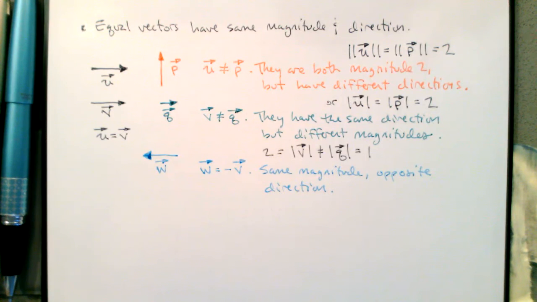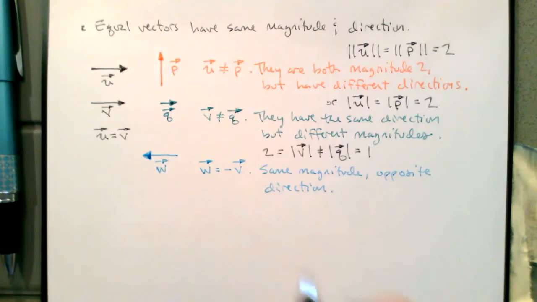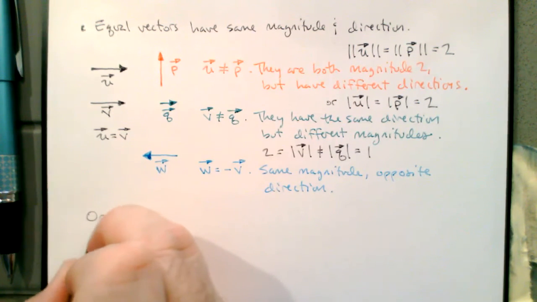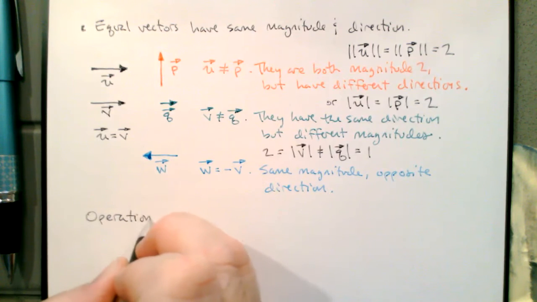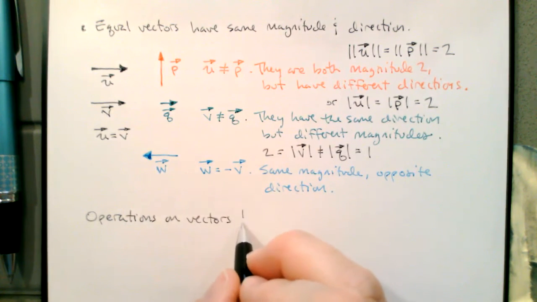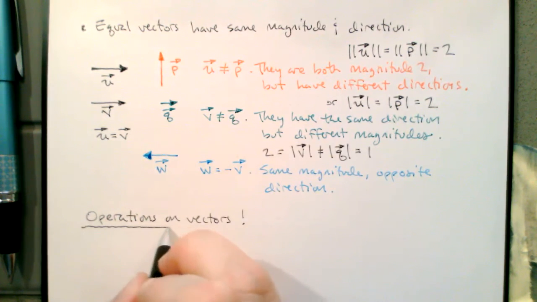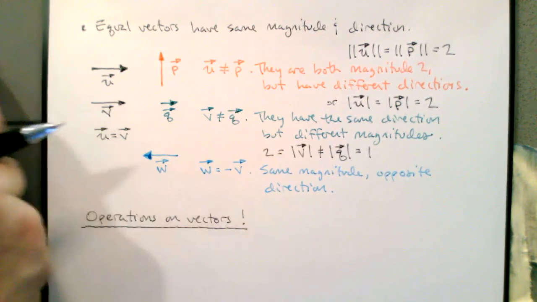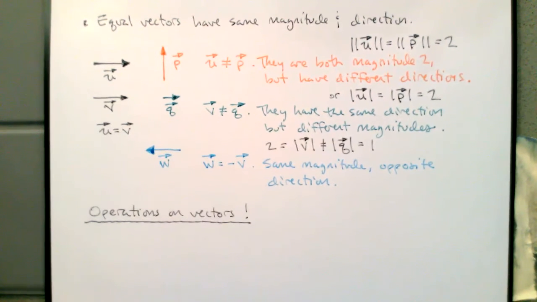So we've introduced this new object called vectors. They're quantities with magnitude and direction. And this is a math class, so we're going to perform some operations on these new objects. So operations on vectors. Here are the operations that we need to perform on vectors.